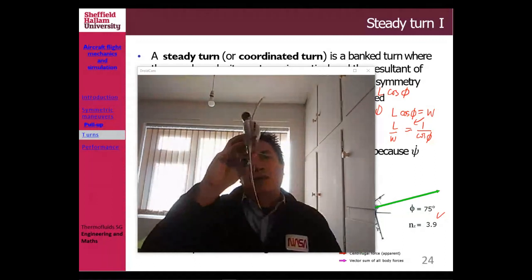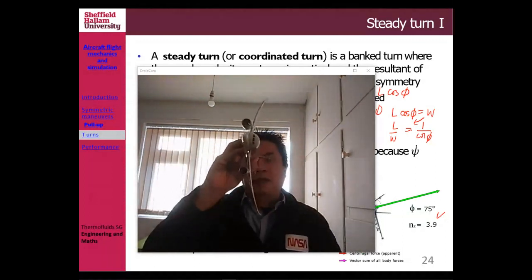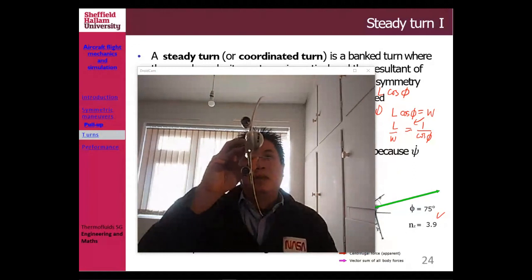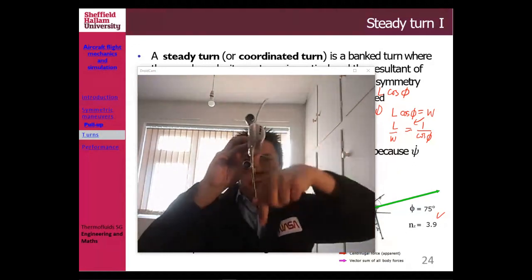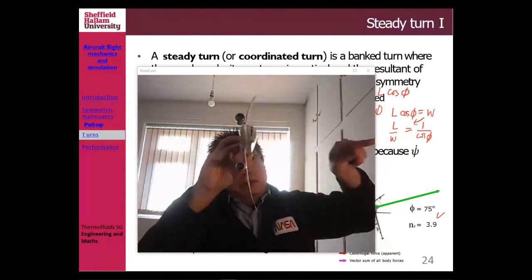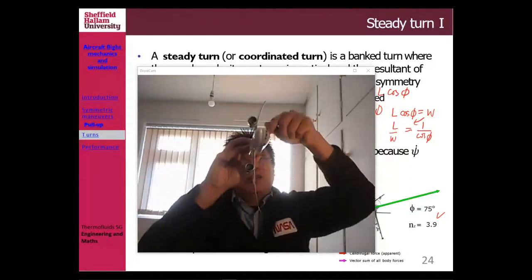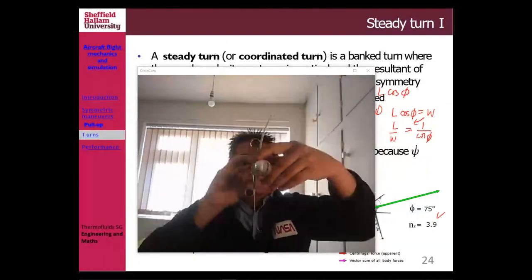So if you have a 90 degree bank like this, which happens on aerobatic or fighter airplanes, the weight is always pointing downward, but the lift is going perpendicular to the weight. Now obviously there is nothing to compensate the weight.